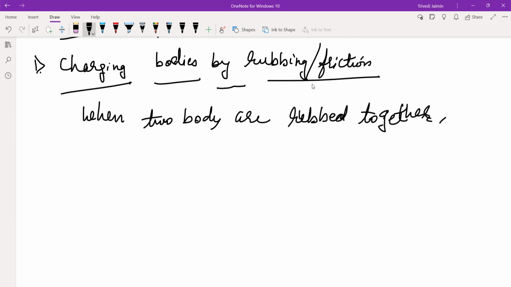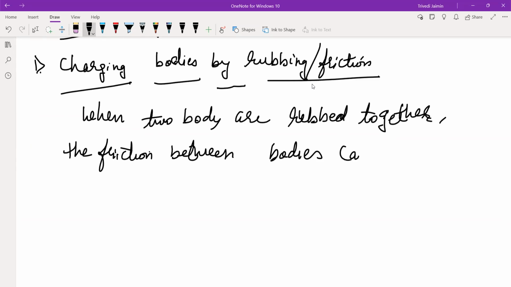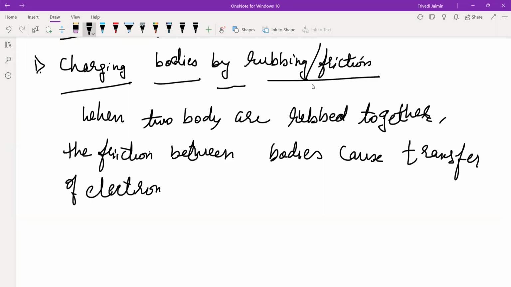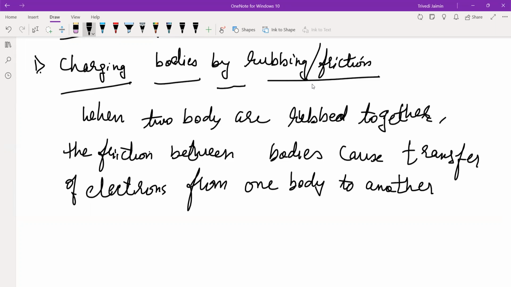So when two bodies are rubbed together, the friction between the bodies causes transfer of electrons from one body to another.